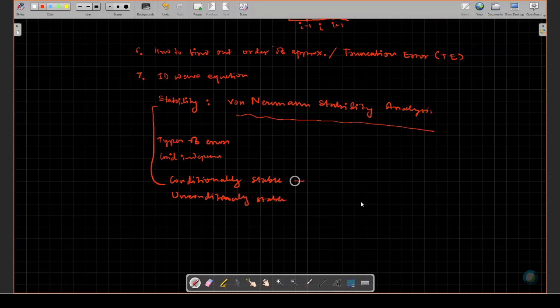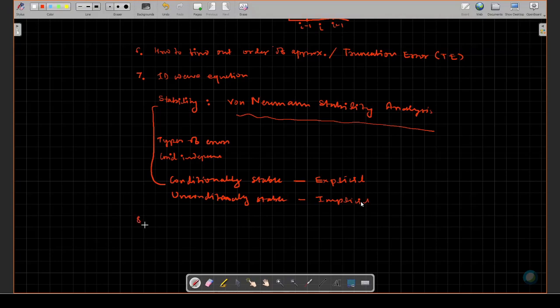For conditionally stable, we have gone for some explicit schemes, and for unconditionally stable we have taken some implicit schemes.